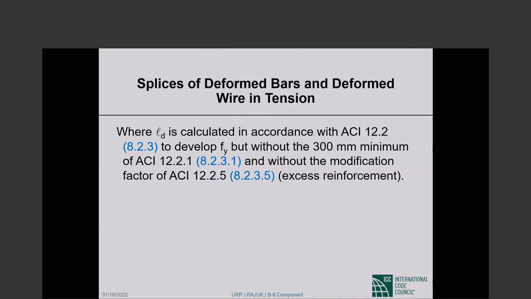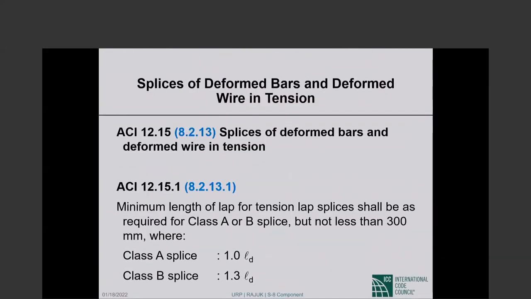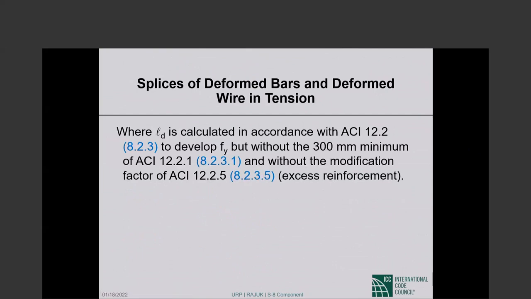So the splice length is either 1 or 1.3 times development length, and the splice length has a minimum of 300 millimeters. So when we calculate development length by ACI 318 requirements, you remember there was a table and an expression. You could use the table or the expression.